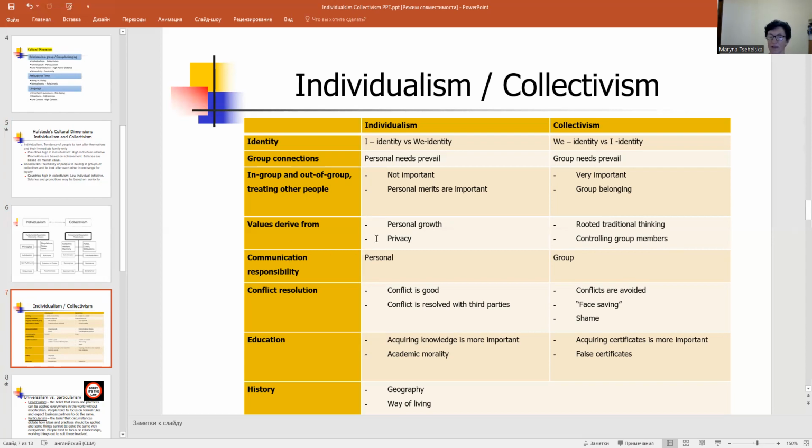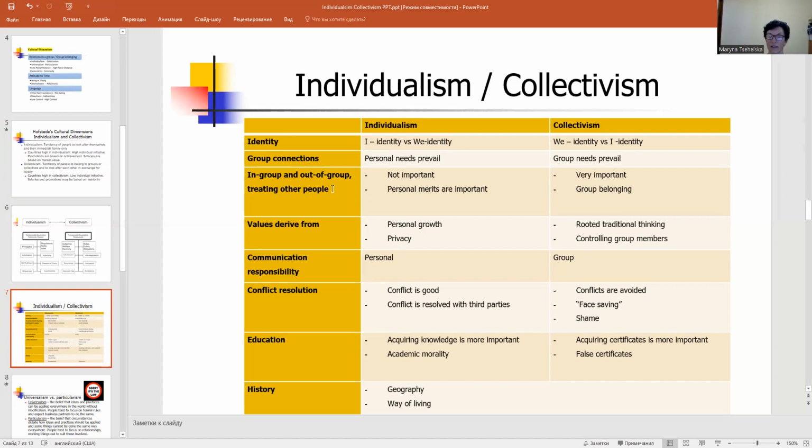Communication responsibility in individualism is personal. I, as a teacher, am responsible for our communication. In collectivism, group communication is very important. It means that you as students are more responsible for the communication.